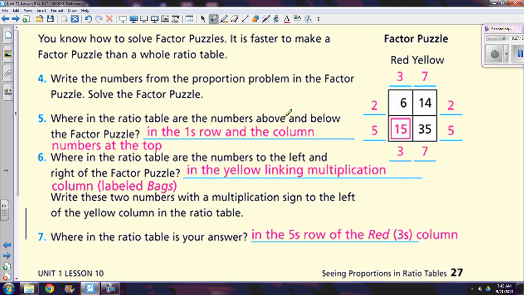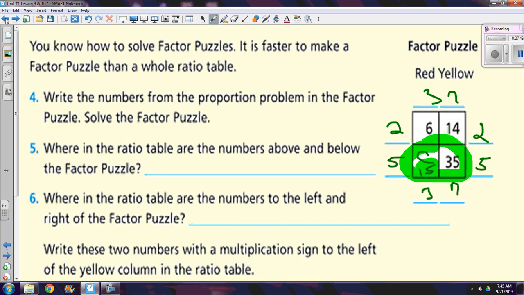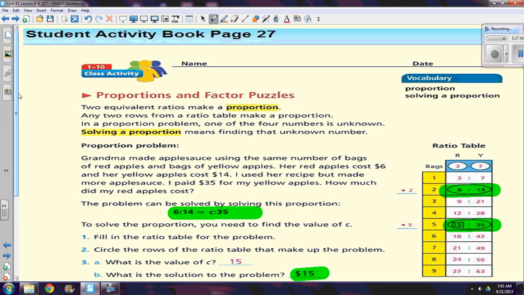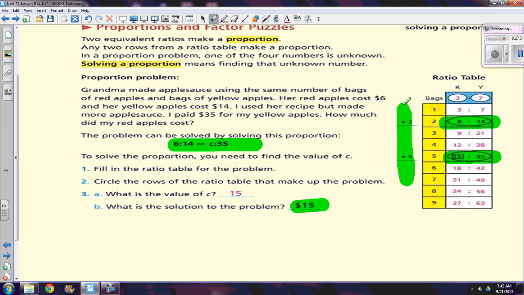It also asks where in the ratio table are the numbers above and below the factor, and then to write the two numbers with the multiplication sign to the left of the yellow column in the ratio table, and where in the ratio table is your answer. Now if you go back to this page here, you can see what they were talking about there, right here.